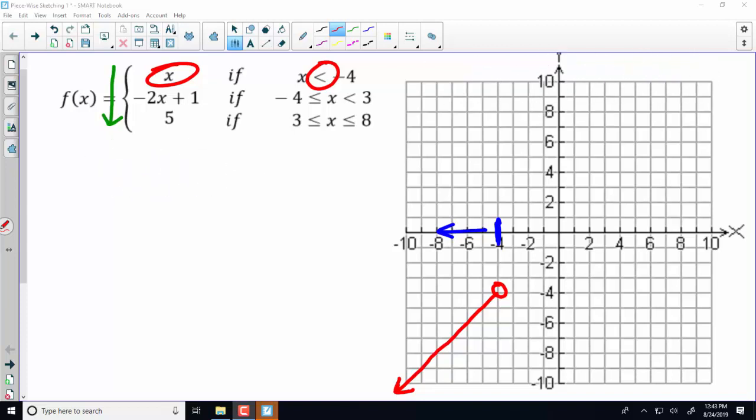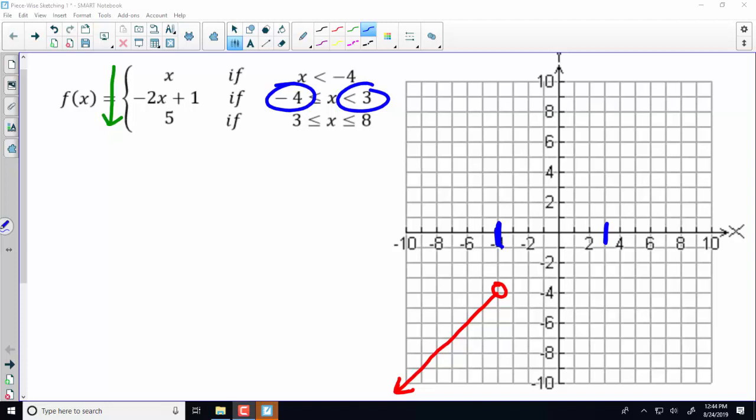All right, the next piece exists between the x values of -4 and 3. Now, in order to graph a line, what you actually need is 2 points on the line.